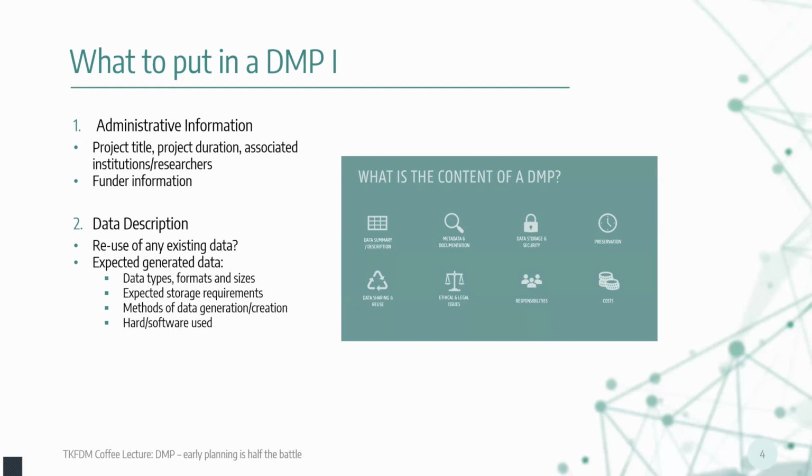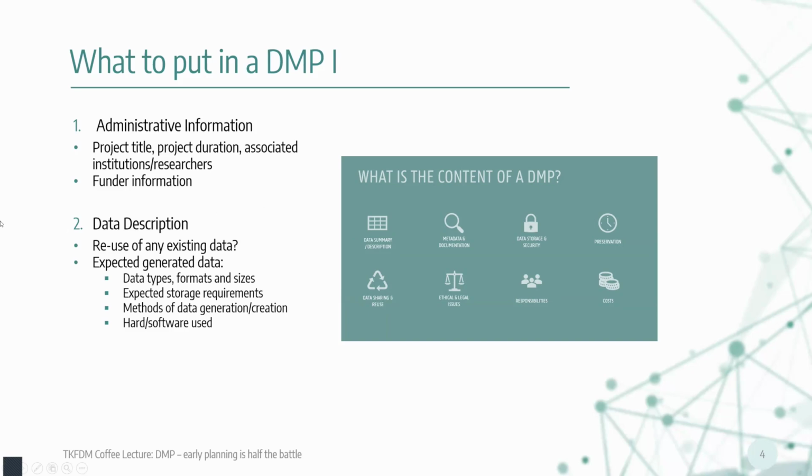What are your expected storage requirements for these data? And what are the methods that you're going to use to do that, as well as hardware or software that you might be using to collect or generate your research data.